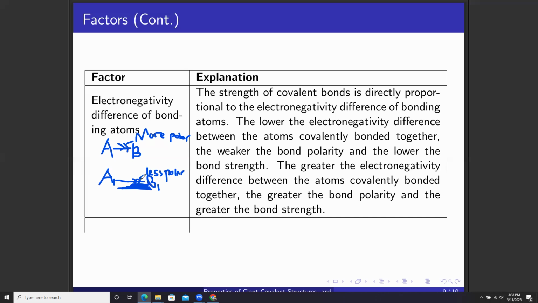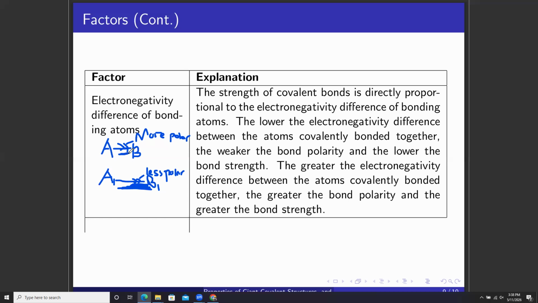However, if B is more electronegative, it means that B pulls or attracts bonding electrons strongly towards itself, so that here we have too much electron density.